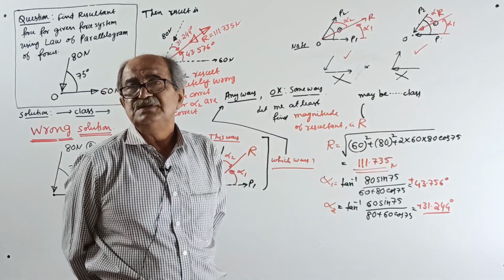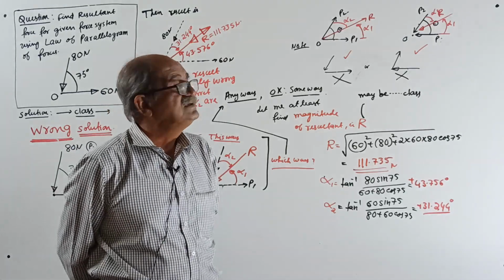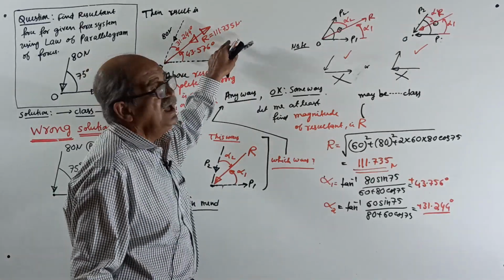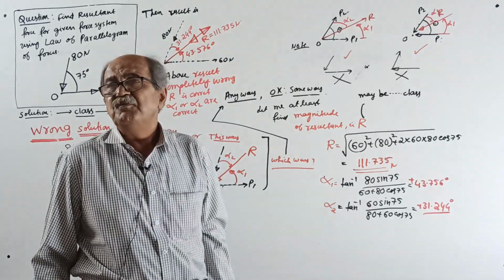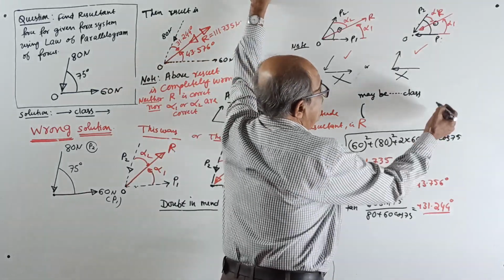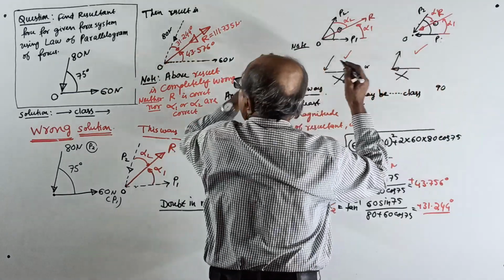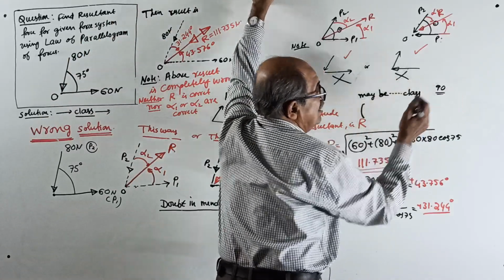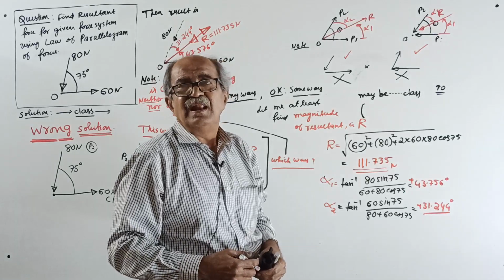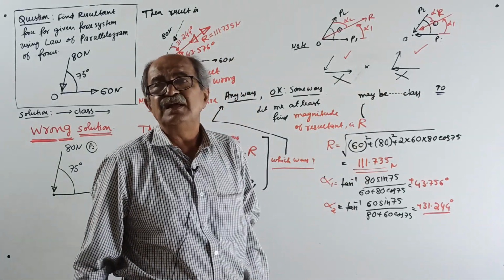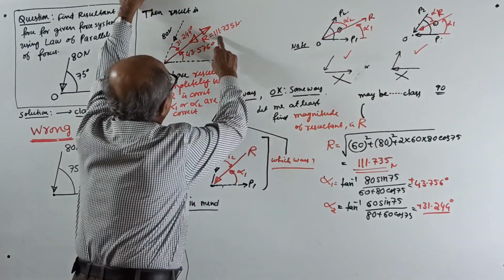The resultant will be less than 111.735. Then some person will tell me, sir, no problem. Why? Sir, the resultant force I am taking, 111.735, is actually higher. How much is the real answer? Maybe around 80 to 90. He will say, okay, for design purposes the actual resultant force is around 90, but I am considering 111.335.